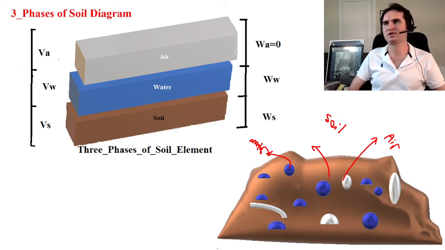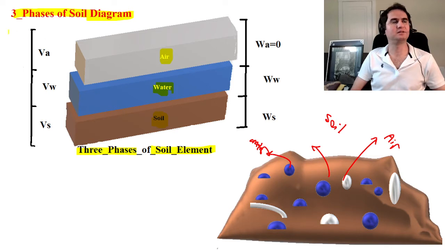So to represent what we have in a soil, that's the three phases of soil elements: air at the top, water in the middle, and the main body of soil.